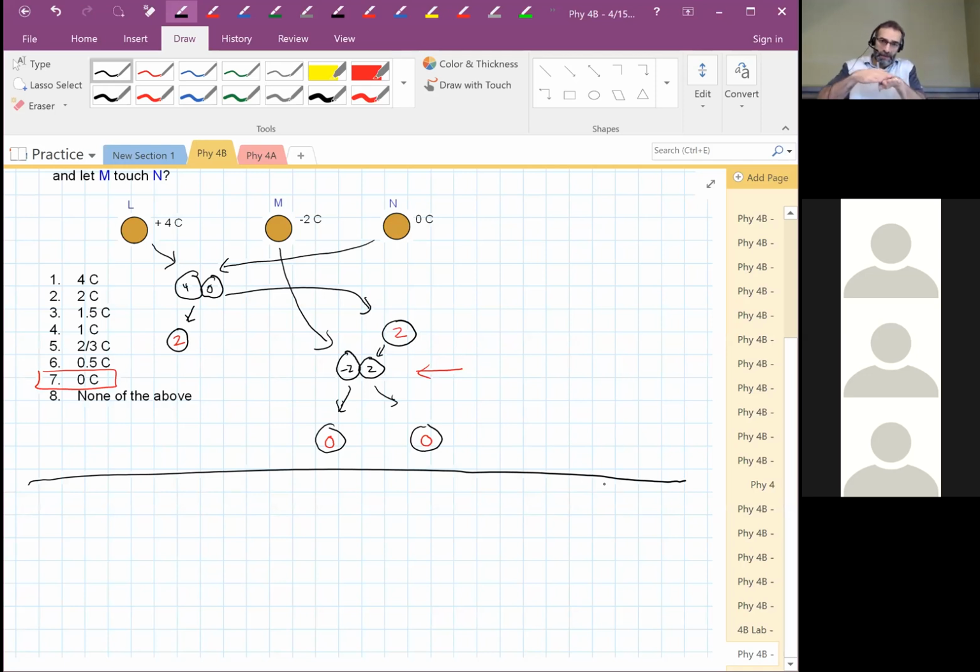Friction was an interaction when two surfaces touched each other. We had one force that could reach in from a distance and act on another object, and that was the force of gravity. And now we're seeing our second force that can reach in from a distance, and that's the electric force.